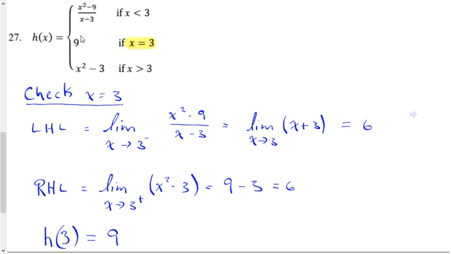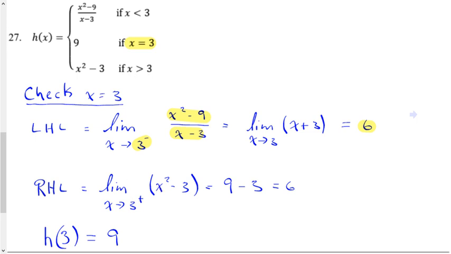So as I look at the left-hand limit as x approaches 3 from the left, I'm using this top function, so that's why I have the rational function here. I can find a common factor to reduce, and then I can substitute in, and I get 6 for my left-hand limit. My right-hand limit, x is greater than 3, so now I'm using this piece of that piecewise function.